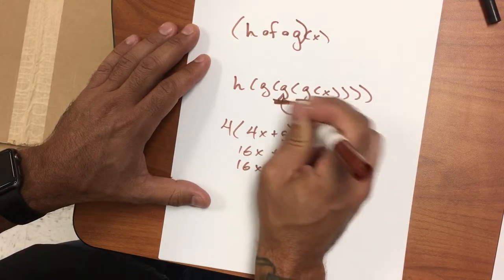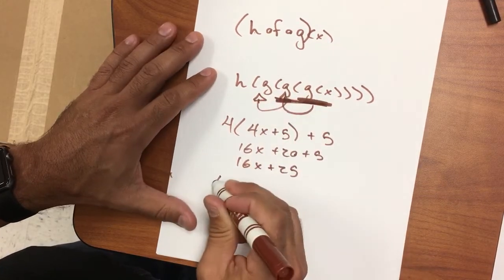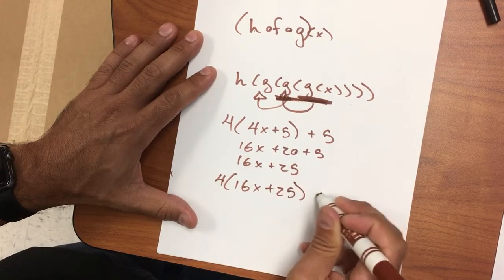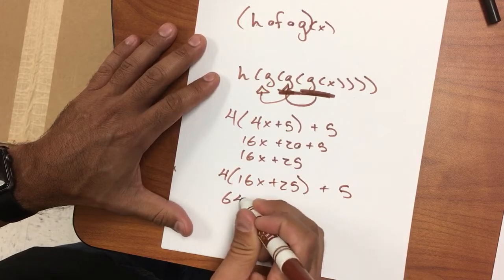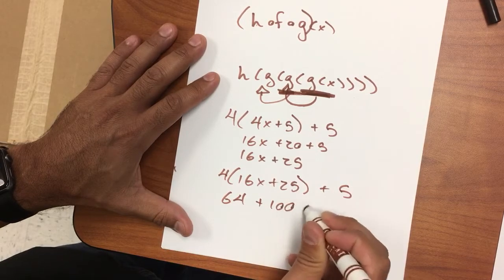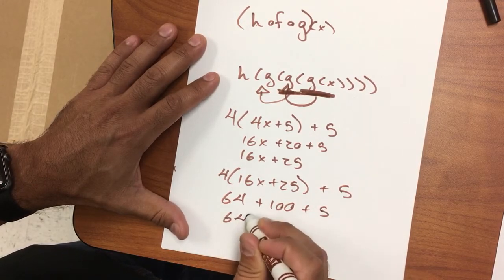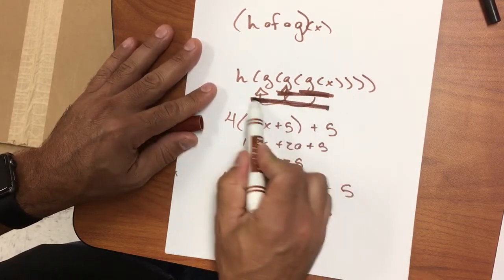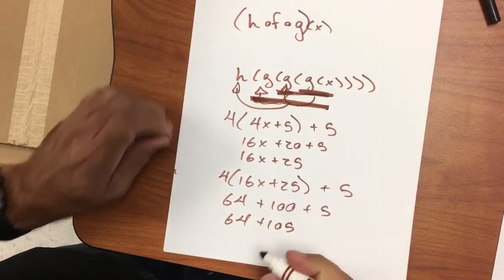Now I'm going to plug that into this one. So I'm going to go 4 times 16x plus 25 plus 5. So 64x plus 100 plus 5, 64x plus 105. And I'm going to take all of that and I'm going to plug it into h.